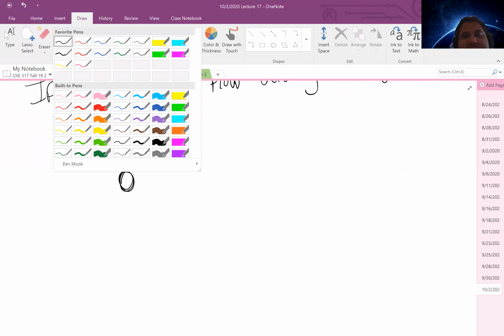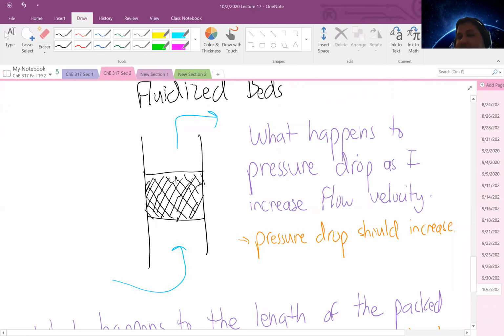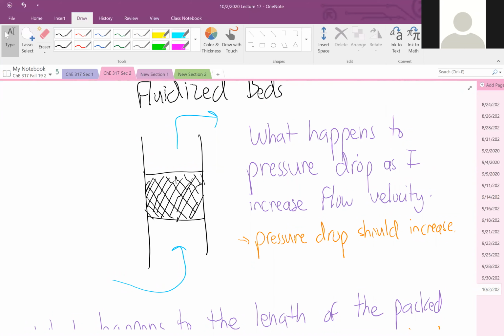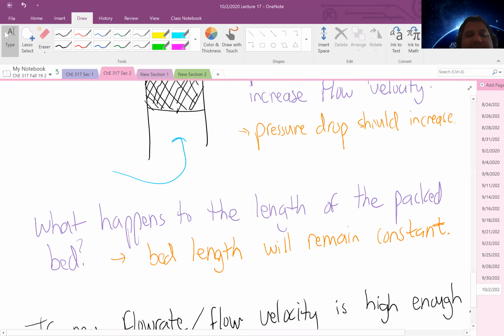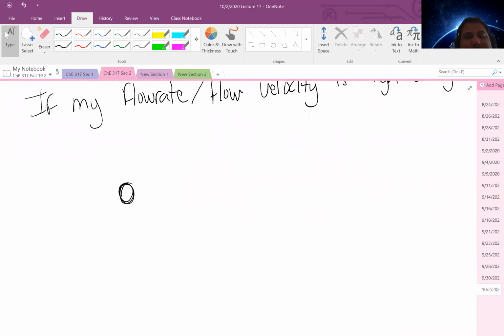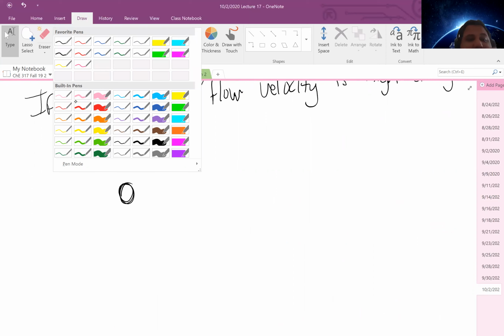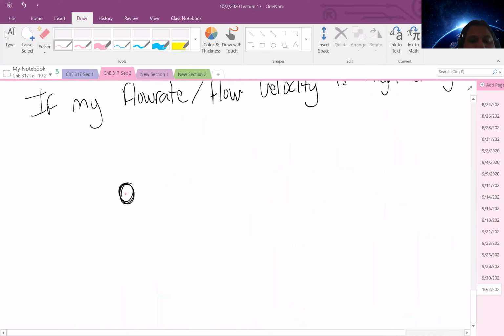So what forces do you think are happening? Drag. We have drag force. Which direction is drag force happening on our particle? There's some gravity working on it. All right, so we've got drag force. I know gravity is down.